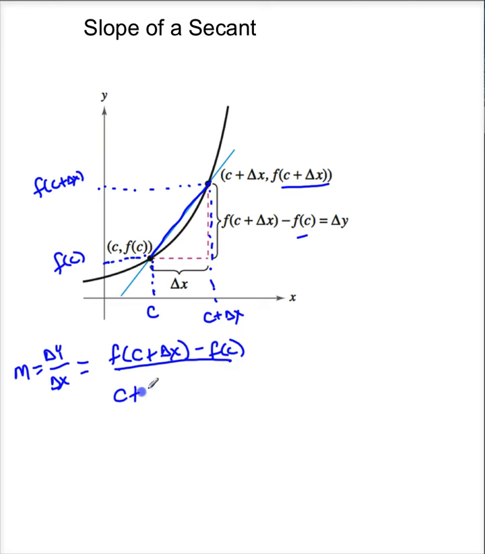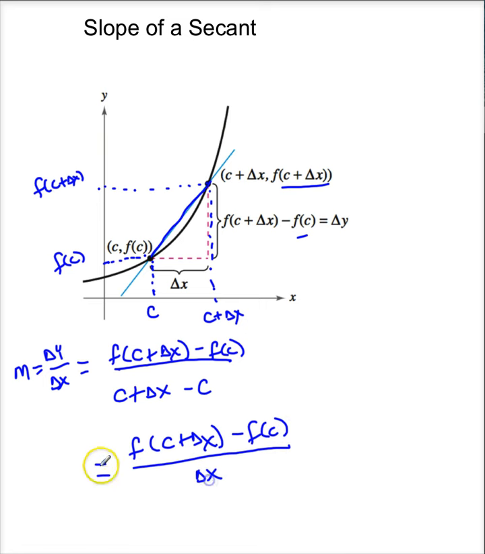It's c plus delta x minus c. So the slope is f evaluated at c plus delta x minus f evaluated at c, divided by delta x. So this is the slope of the secant line.